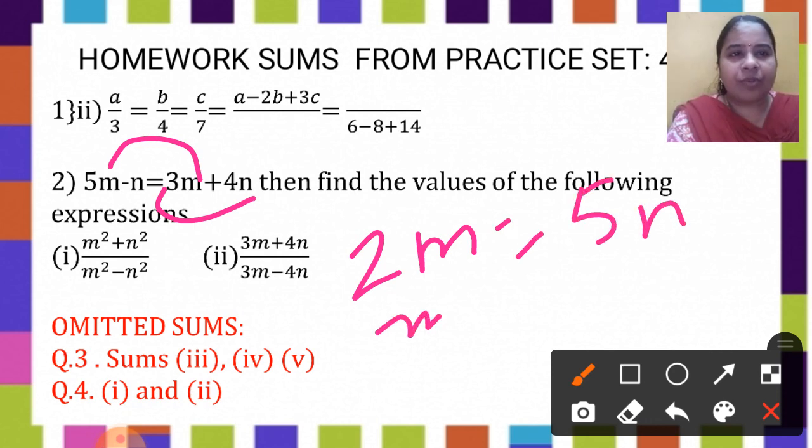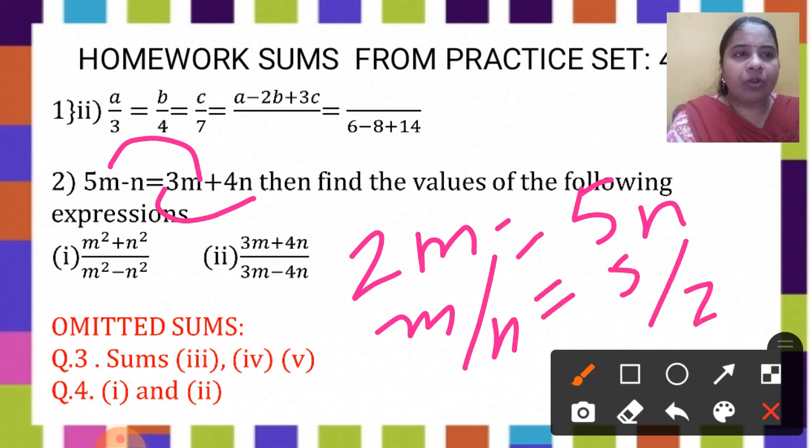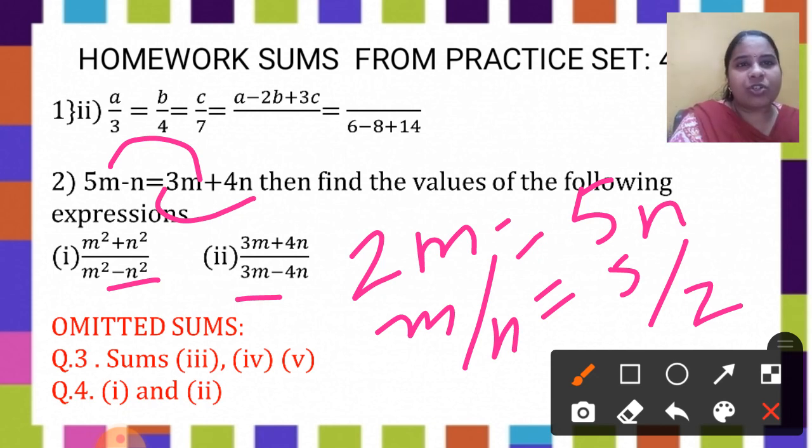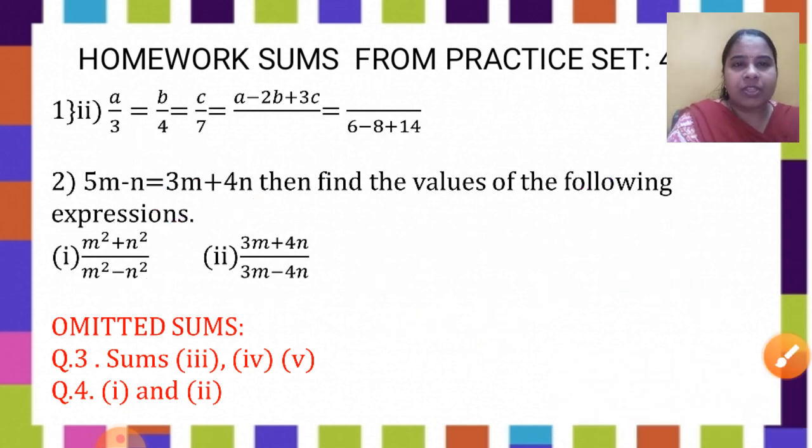From this, if I want the value of m upon n, what is to be done? Shift this 2 down, it will be 5 upon 2. Once you have got the value of m upon n, to get these answers, if you have seen all the previous videos, you will be able to understand how to get to these 2 sub questions which I have asked you.